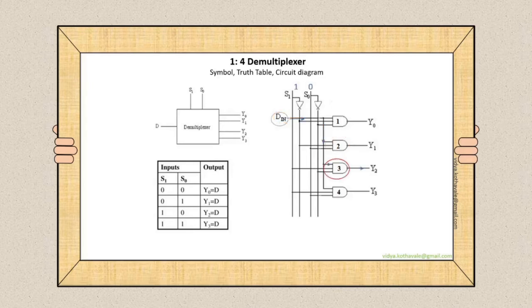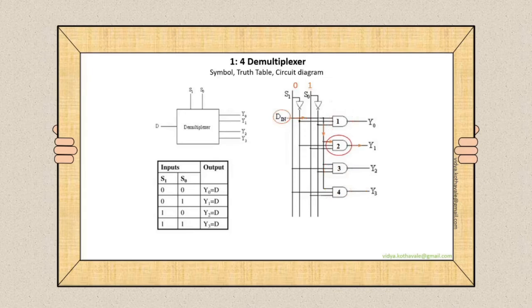With select line input 1, 0, the input DIN will appear on the output line Y2 because AND gate 3 is enabled and rest all other AND gates are disabled in this case. With select line inputs 1, 1, the data input DIN will appear on the output line Y3 because AND gate 4 is enabled and rest all other AND gates are disabled.